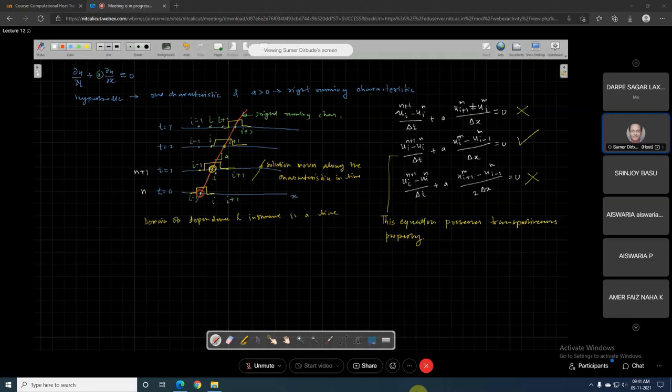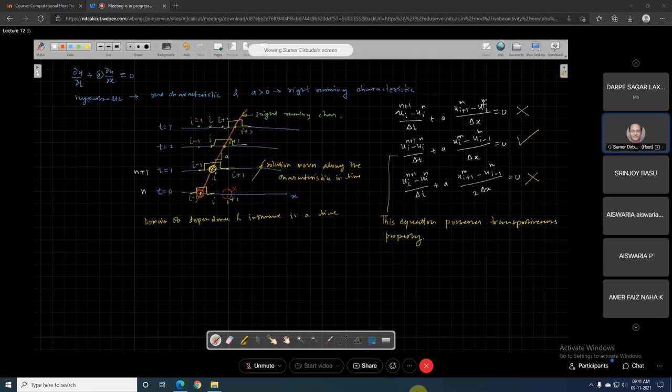But in this expression, if you see, I am calculating u_i^(n+1), and my information is coming from here, and this is not correct, because this characteristic is a right running characteristic, and your influence domain is not on these characteristics, so it is inconsistent.